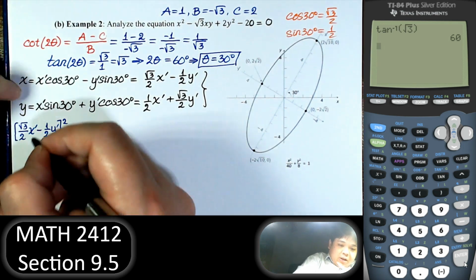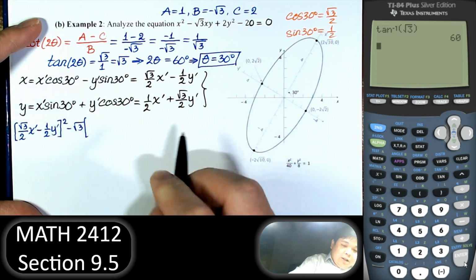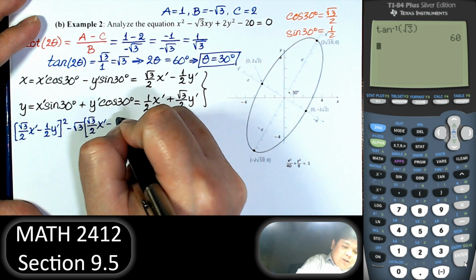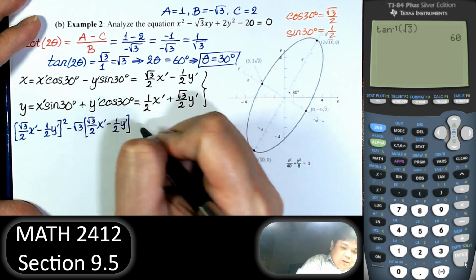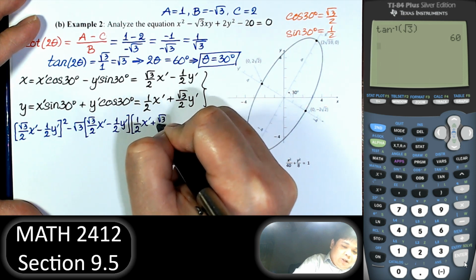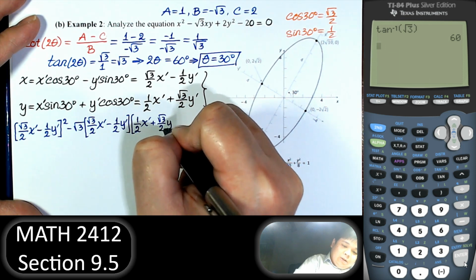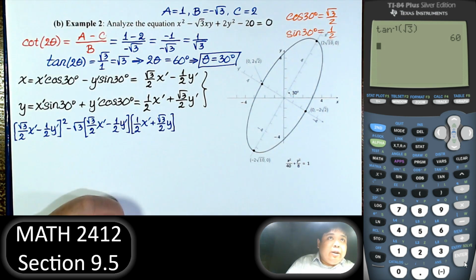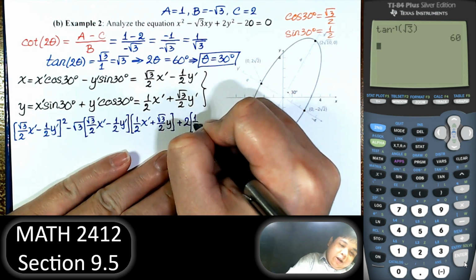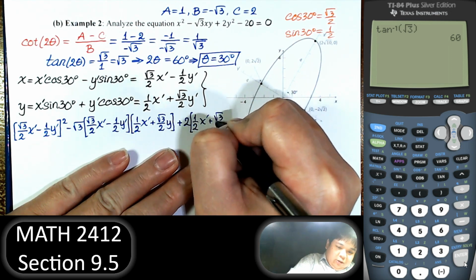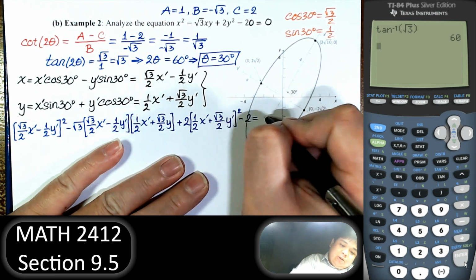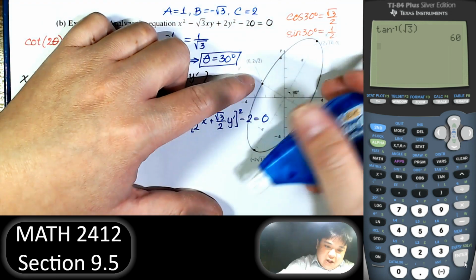That is x squared, minus square root of 3 times x y, (1/2 x prime plus square root of 3 over 2 y prime), plus 2 times y squared, 1/2 x prime plus square root of 3 over 2 y prime, squared, minus 20 equal to 0.